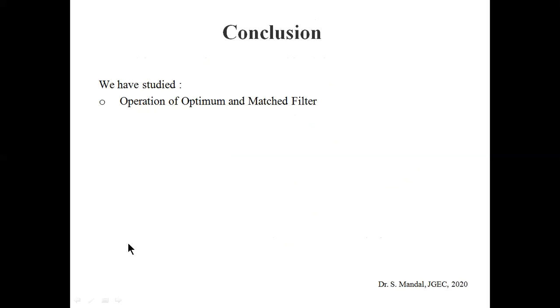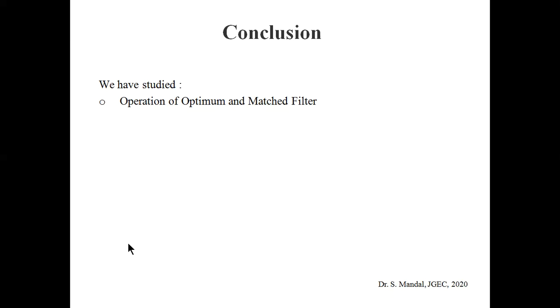So coming to the conclusion part, in this class we have studied the operation of the optimum and matched filter, and we have observed that the probability of error is minimum for the optimum filter, and in the case of the matched filter we consider the noise as white noise.